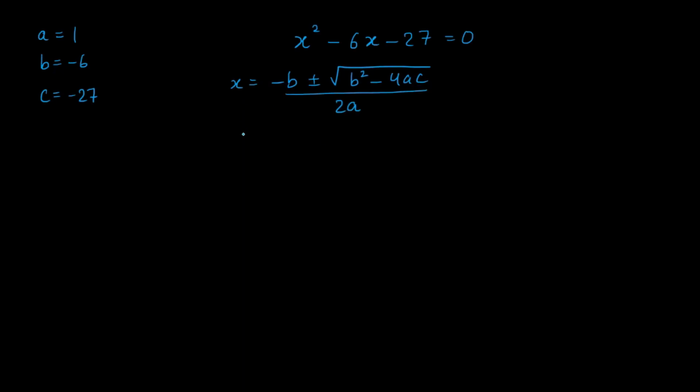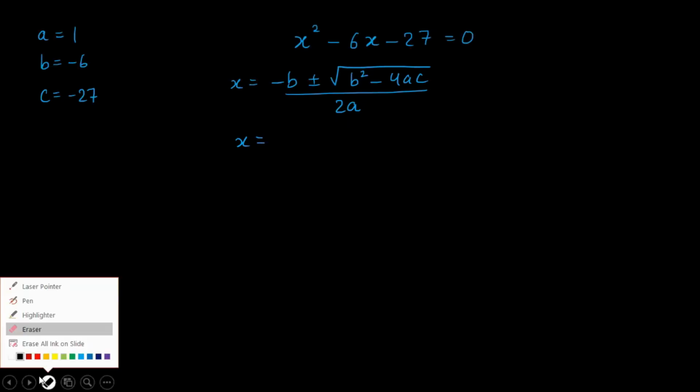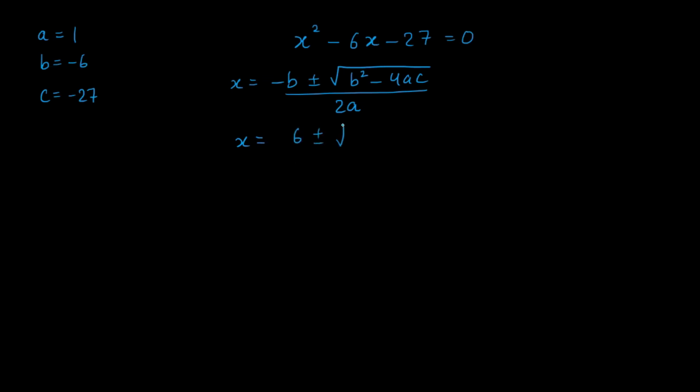Now for this we have x equals minus 6, sorry, this should be only 6, plus minus the square root of b squared, which is 36, minus 4 into a into c, which is minus 27, divided by 2 into 1.